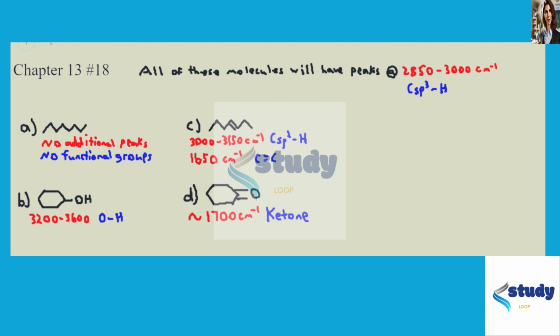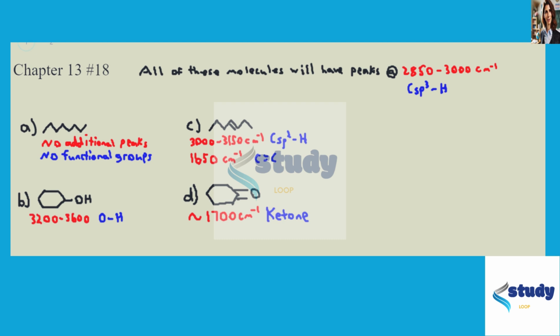And you're also going to get the signal somewhere between 3000 and 3150 wave number for the C-sp2-H bond. And so that's for C. Again, there will be two major peaks in addition to the peak that all of these have for the C-sp3-H bonds.